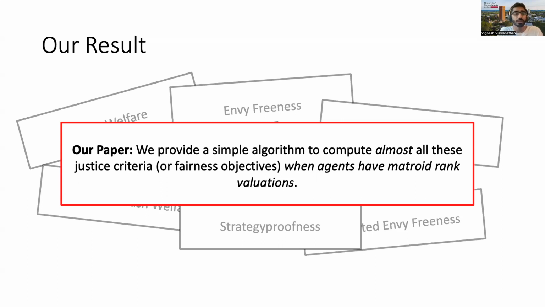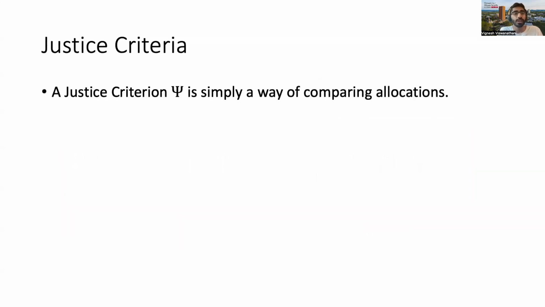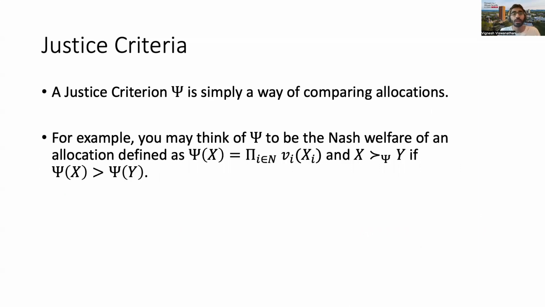And just to put this more formally, we define a justice criterion as simply a way of comparing allocations. That is, you look at two allocations and say that this one's better because it's fairer, or this one's more efficient, for whatever reasons you have in mind. For example, the Nash welfare, which is defined as the product of all agent utilities given any allocation, is simply a way of comparing allocations, right?